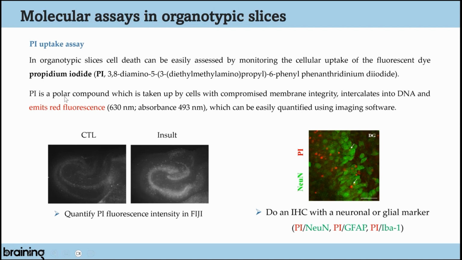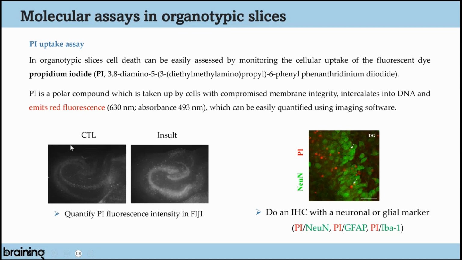Basically, PI is a polar compound that is taken up by cells that have a compromised membrane integrity. When it enters the cells, it will intercalate into the DNA and emit a red fluorescence. That red fluorescence can be acquired in a fluorescent microscope and can be quantified.